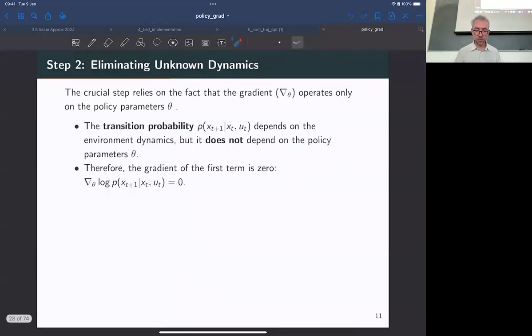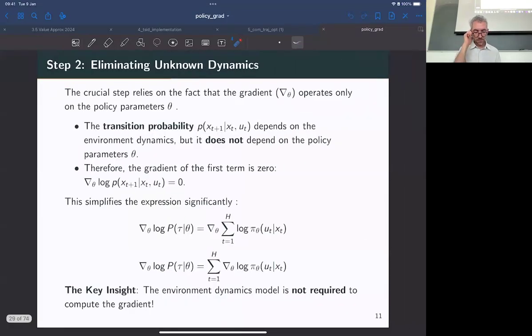So that's exactly what we are going to do in the next slide. Basically, we can rewrite the gradient of log P of tau as simply the gradient of this summation of log pi. And now we can move the gradient inside the summation.